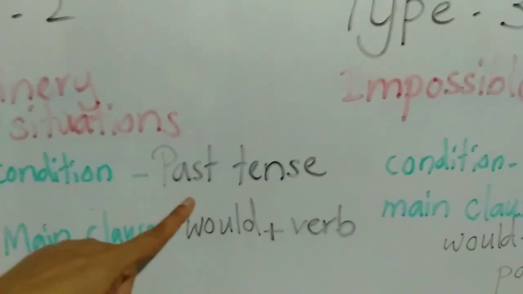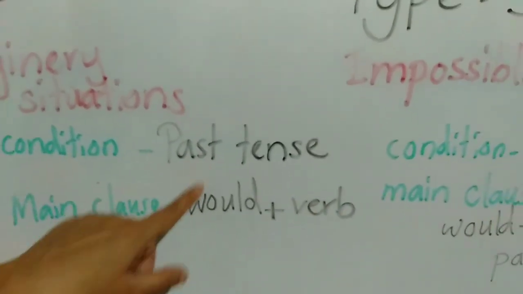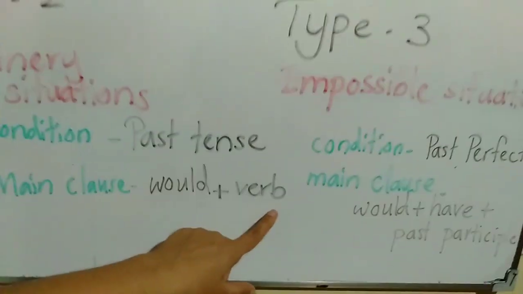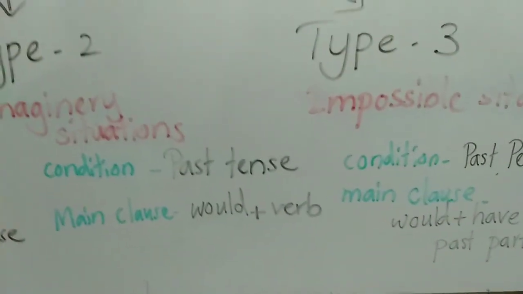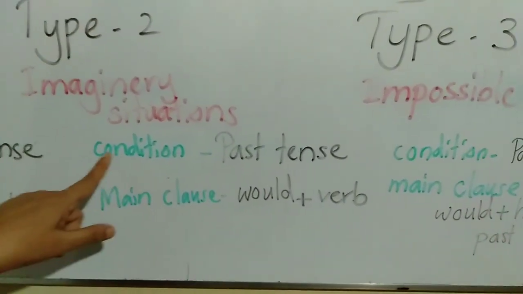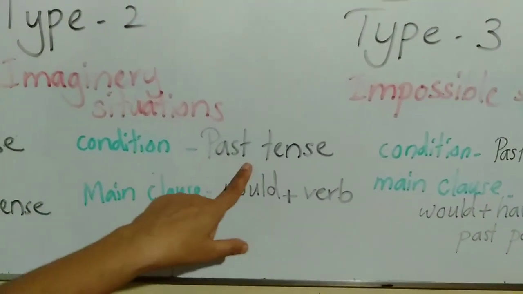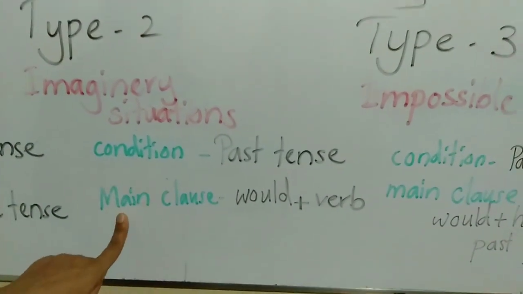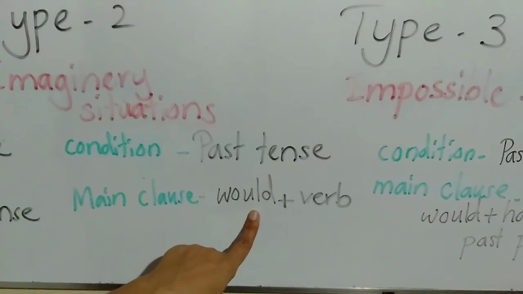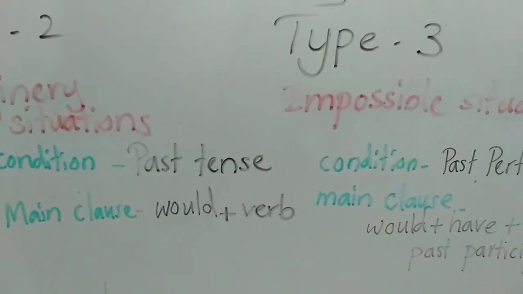The condition, here we keep in the past tense. The main clause will keep would plus verb. I think you understood. The conditional clause with if, we keep in the past tense, and the result clause, the main clause, will keep would plus verb.